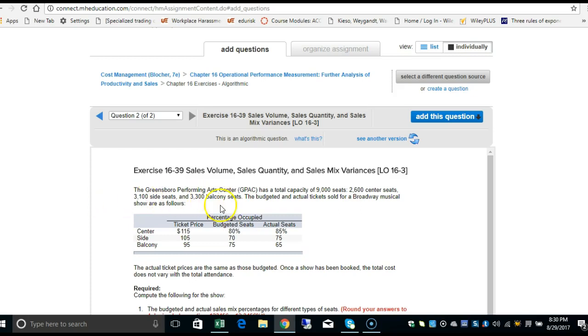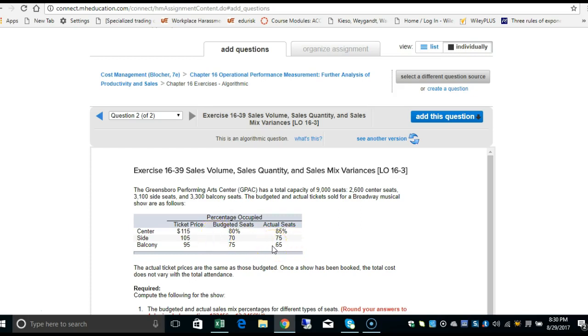In this case, we actually sold more seats than budgeted for the higher ticket price, which should help us have a favorable variance. We sold more of the side seats than budgeted, at $105, which should give us a favorable variance.